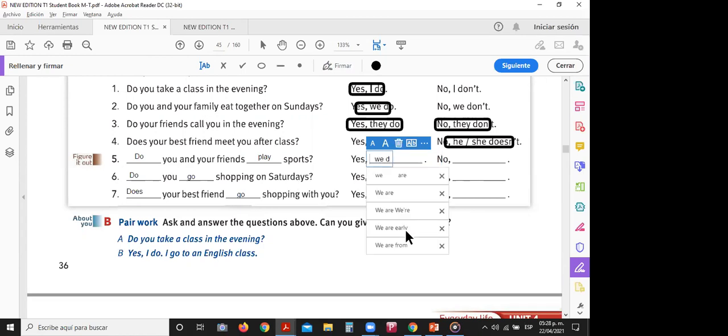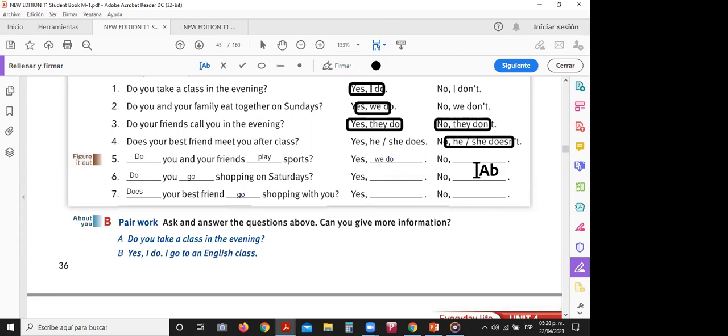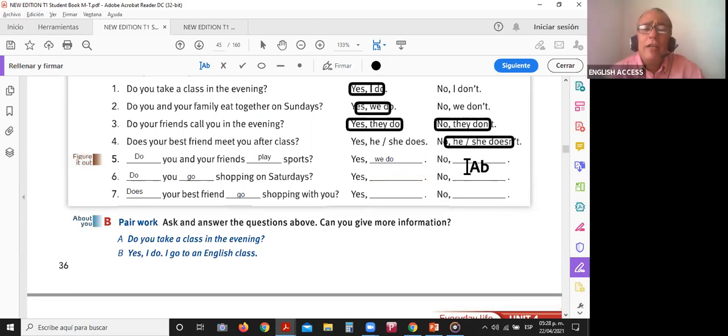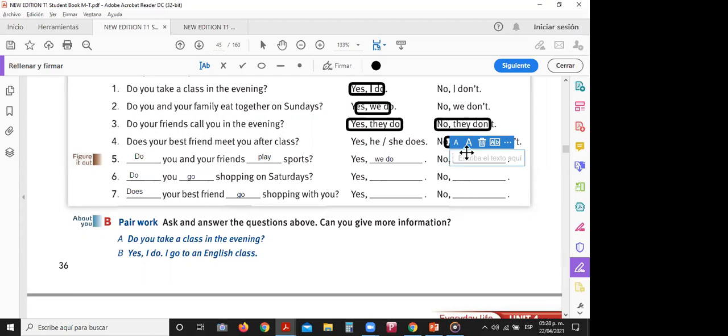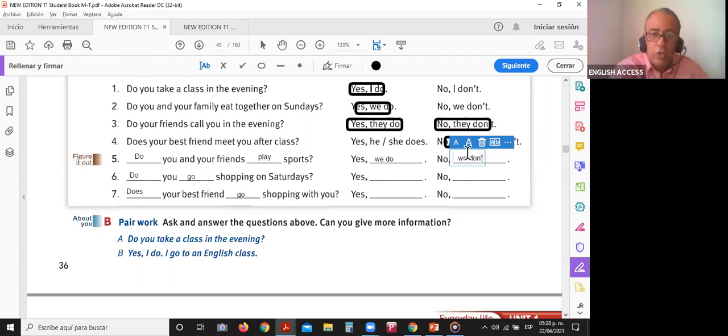Exactly. Yes, we do. And what about the case in negative, Antonio? What is the answer if that was negative? No, we don't. Exactly. We don't.